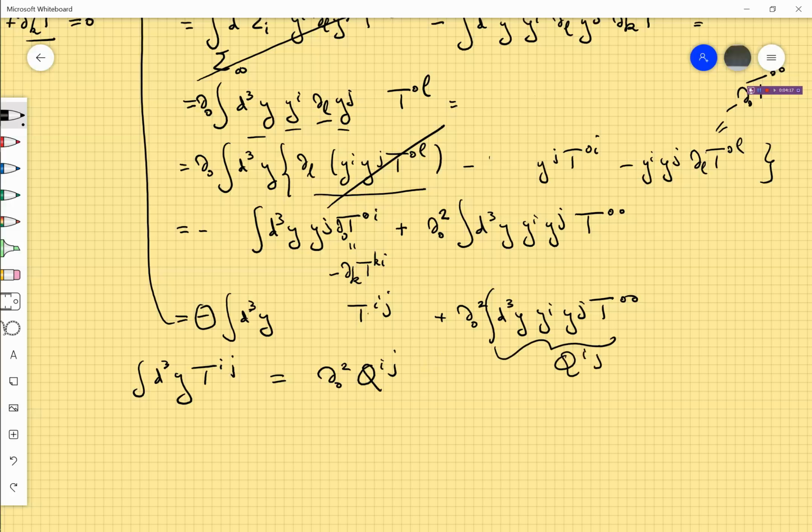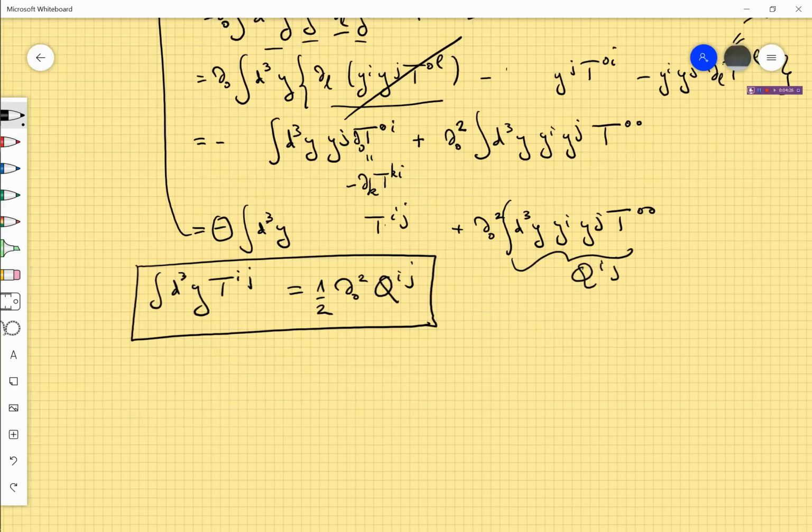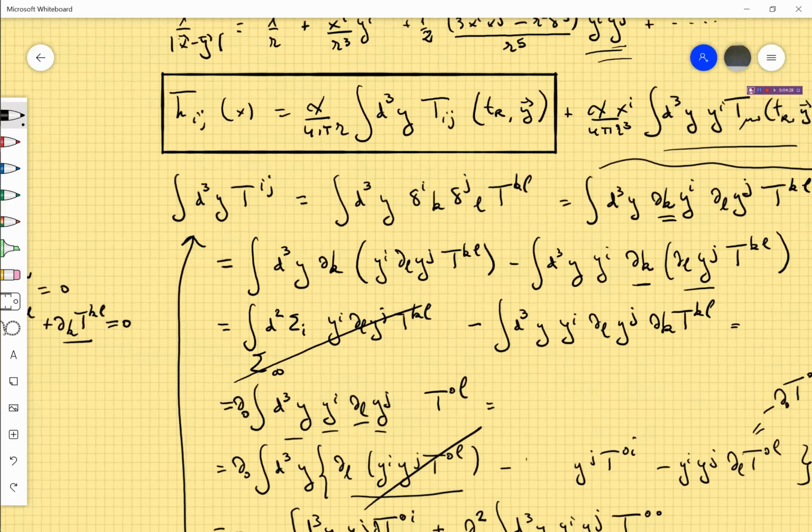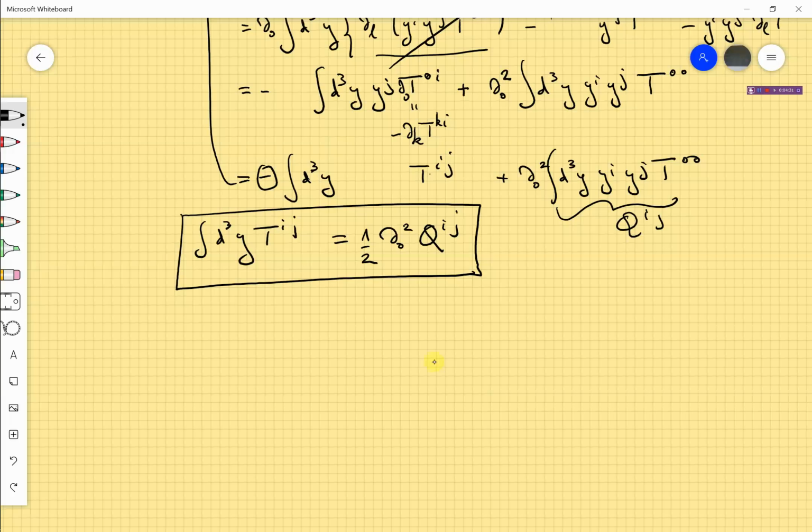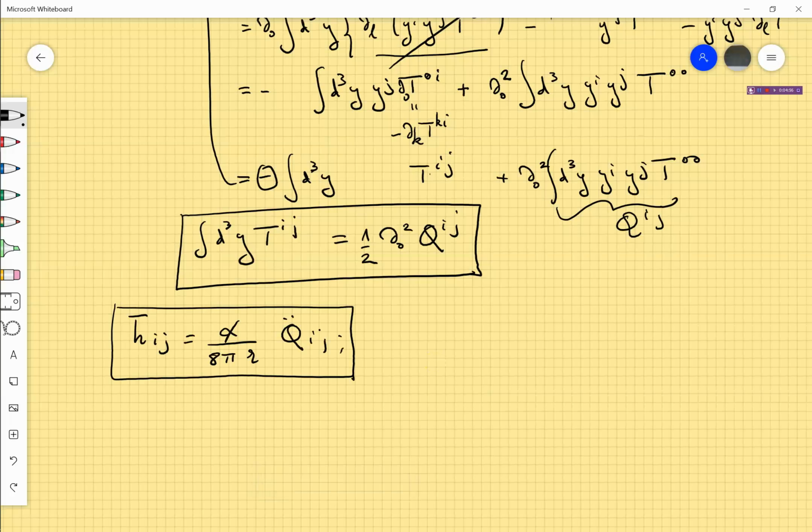So this is going to be 1/2, and this is the trick that will allow us to come back to the expression for h bar ij and rewrite h bar ij equal to chi over 8 pi r, and then the second derivative, well, usually this is written with 2 dots. Okay, just write it like this, okay. And this is the famous quadrupole formula that was obtained by Einstein.